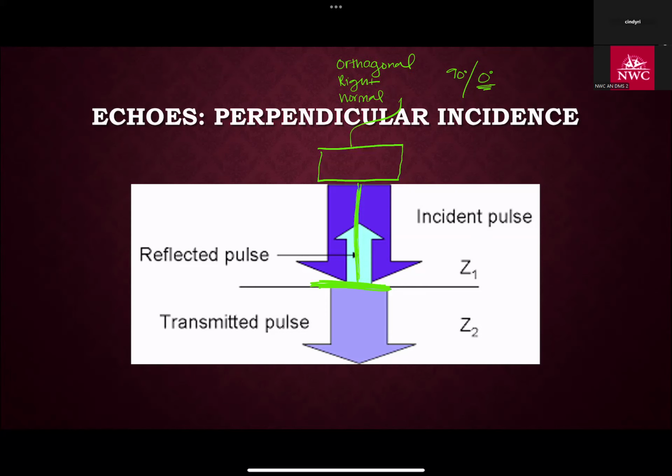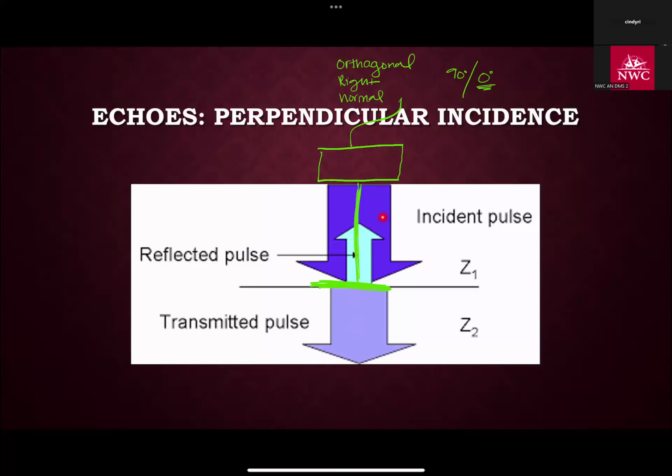Okay. And then when we're talking about the reflected, notice what the reflected is doing. The reflected is going back towards the transducer. So if you look at these two arrows, you can see that they're described as going in an opposite direction, but along the same path as the incidence. So the reflected pulse is described as being the opposite direction of the incident, but along the same path. The transmitted is going the same direction as the incident.